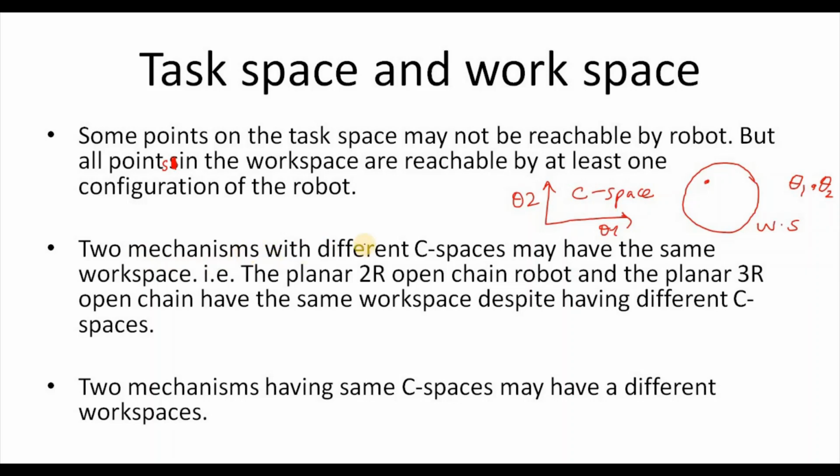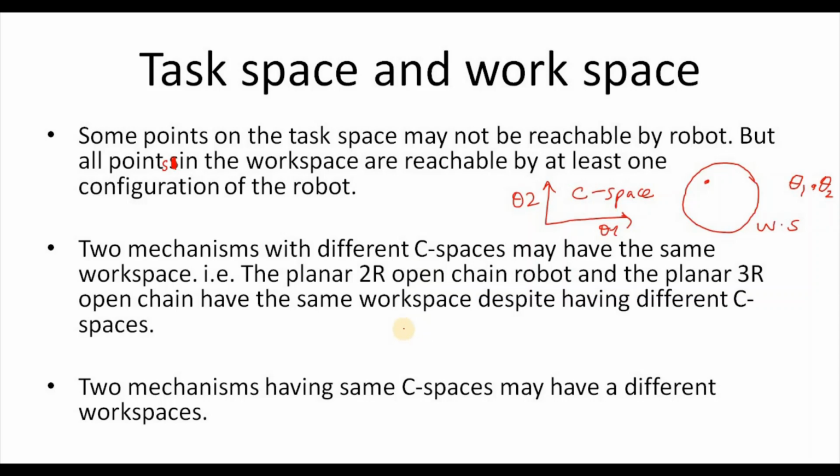Two mechanisms with different C-spaces may have the same workspace. This makes sense because we already said that the workspace and the C-space are independent of each other. So when two robots have different configuration spaces, they may have the same workspace.